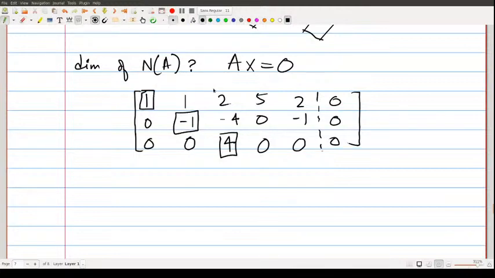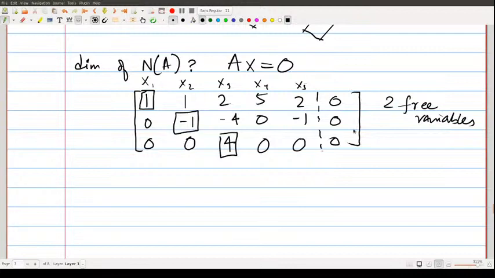Now, once I look at it this way, that I'm trying to solve Ax equals 0, what do I have? The first thing is I have 3 pivots, r is equal to 3, right? But these 2 variables are going to be free. If I take this as x1, x2, x3, x4, and x5, these 2 are free. So I have 2 free variables.